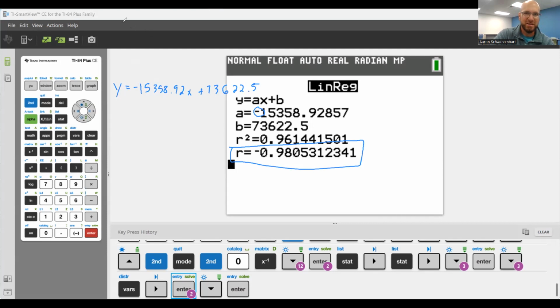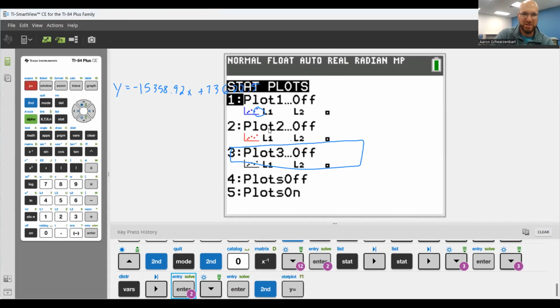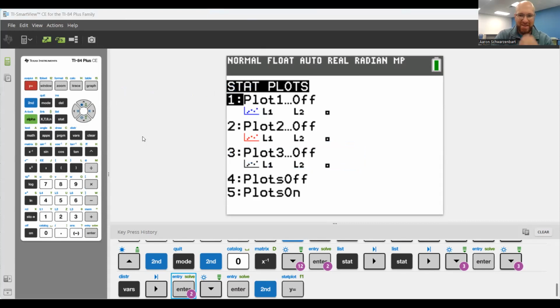And we can do that by going to make sure it's turned on. Second Y equals, stat plot. I guess I need to clear some of this off. And I'm going to go to plot 1. I need to turn it on.